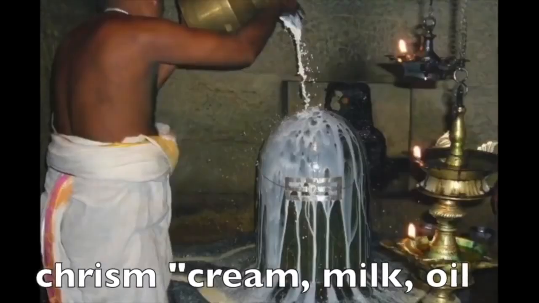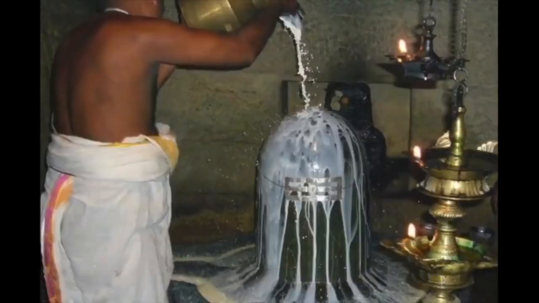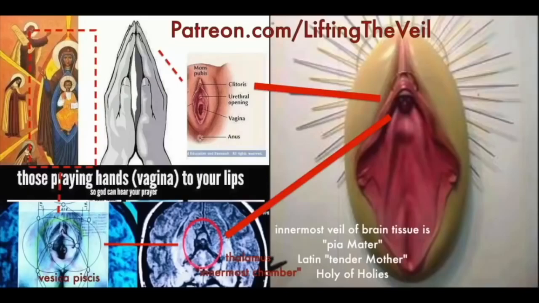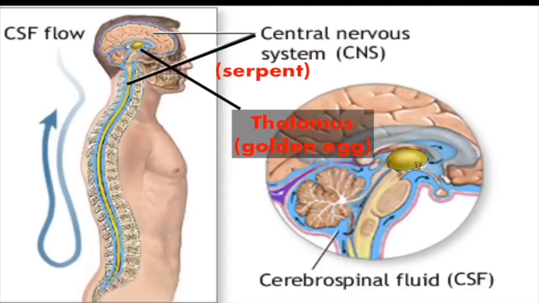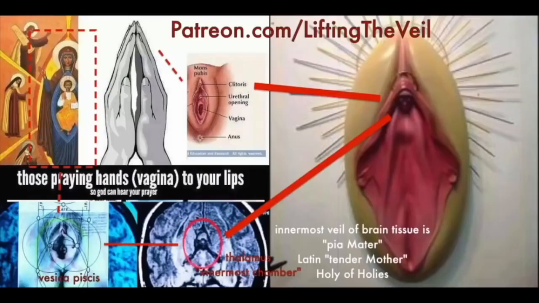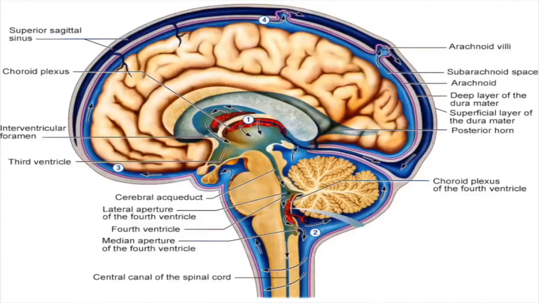And the pia mater, the tender mother, actually produces 70% of the body's cerebrospinal fluid. In other words, the pia mater, the tender mother, literally produces the Christ. The pia mater literally produces the chrism, the cerebrospinal fluid, the holy, sacred oil, the anointing oil.